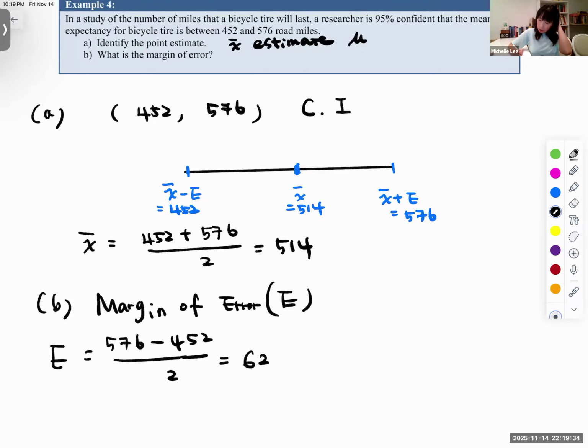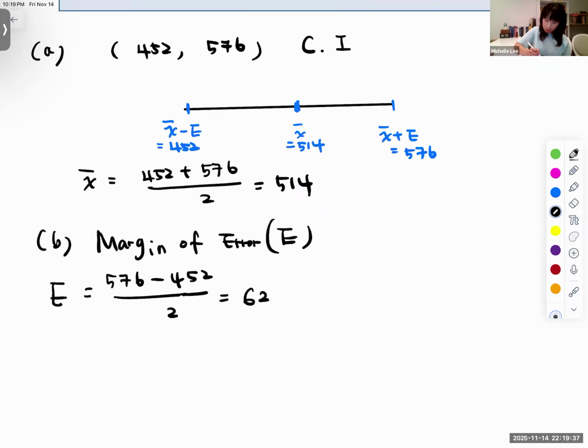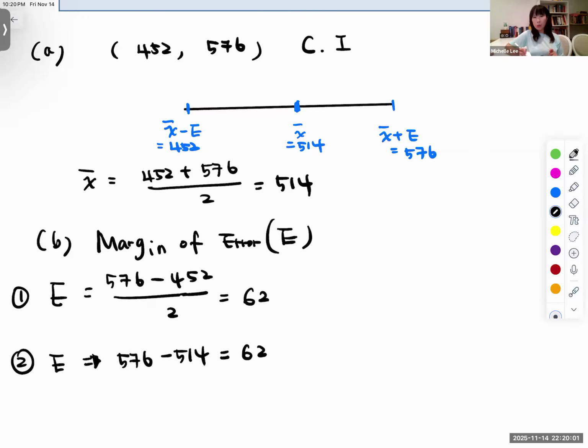Then what do you get? 62? Okay, now we can also find the bigger number minus x bar, right? 514. Can you calculate? Is it 62 as well? That's also the margin of error. So either way, we can find the margin of error from the given information, right?